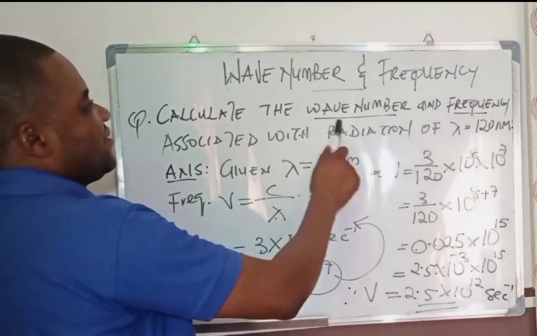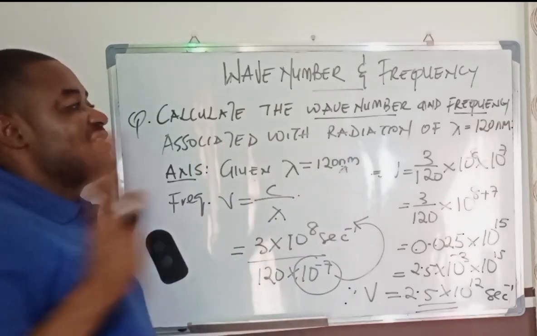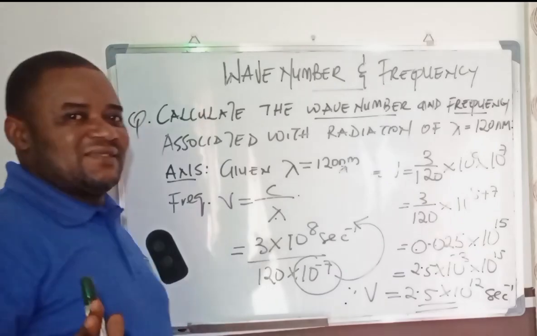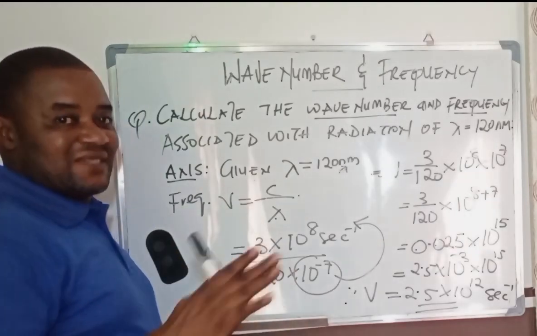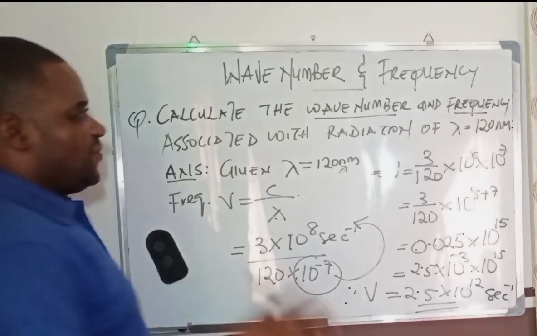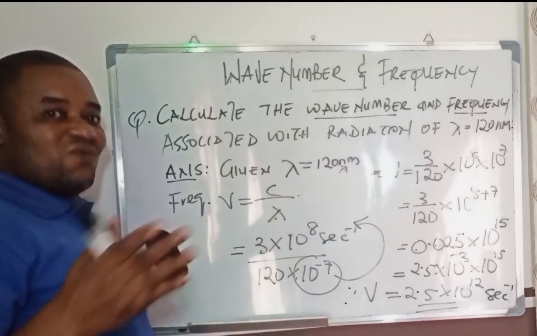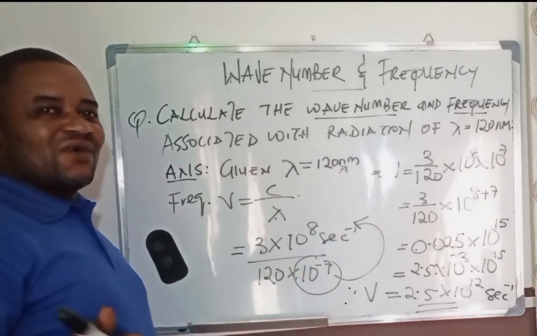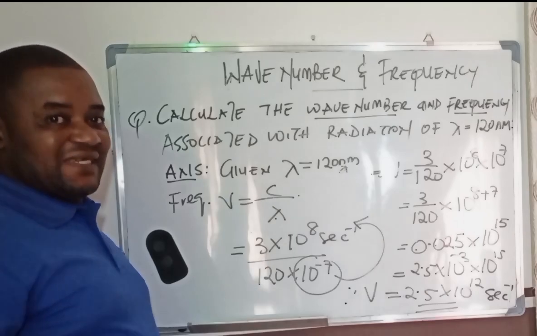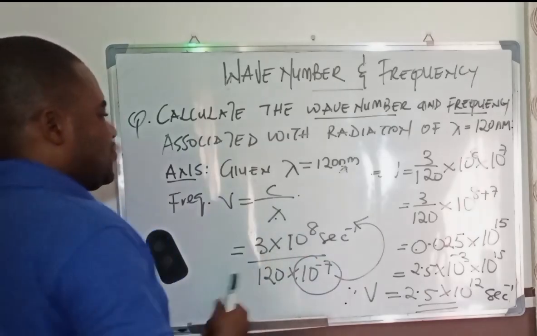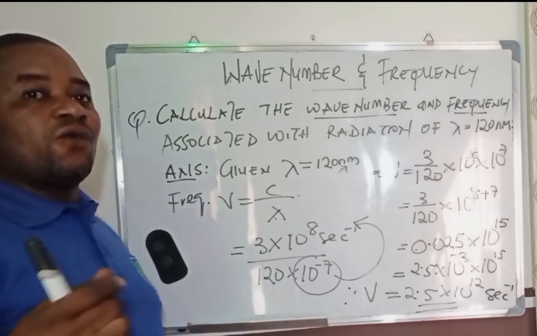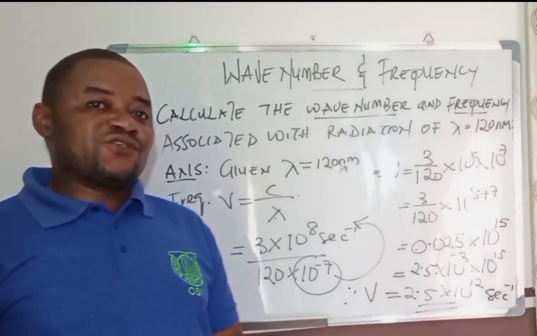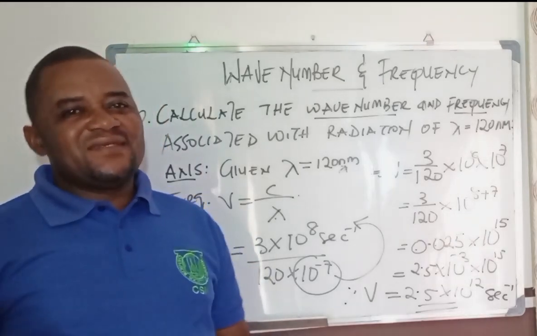So for this question, you never needed anything apart from the wavelength. Once you convert the wavelength from nanometer to centimeter, you are good to go. You need to calculate the wave number, which is equivalent to your radiant energy or transmitted energy, and then you calculate also your frequency. These equations are all obtained from the derivation of the radiant energy that we did in our previous class.